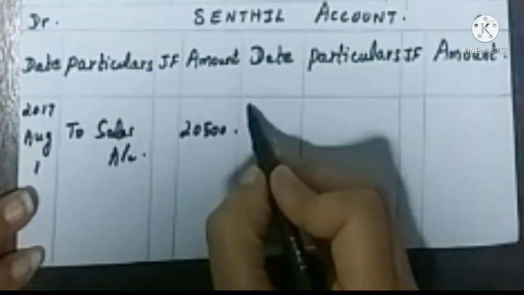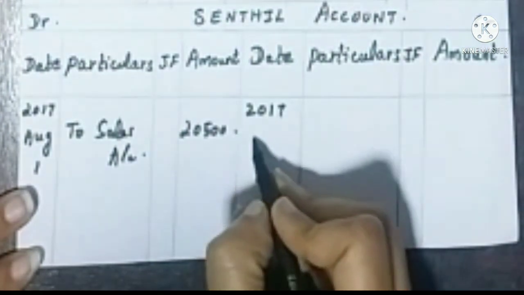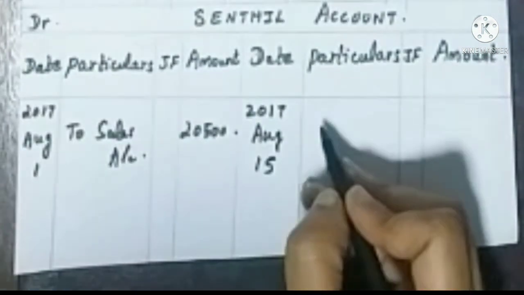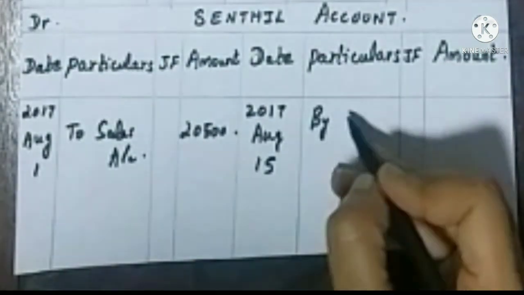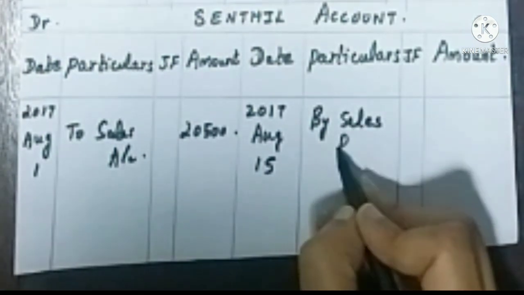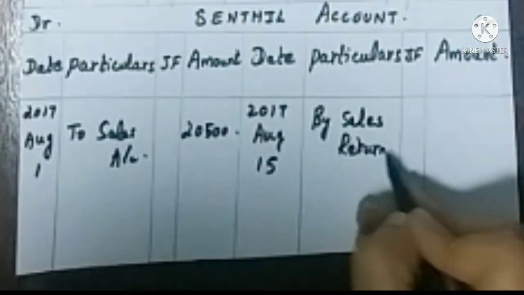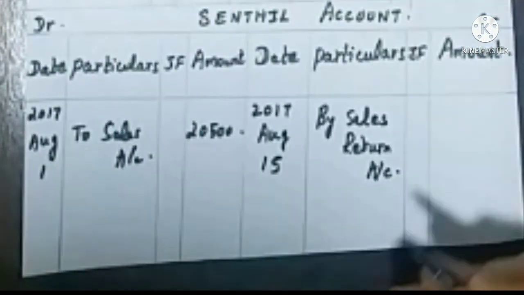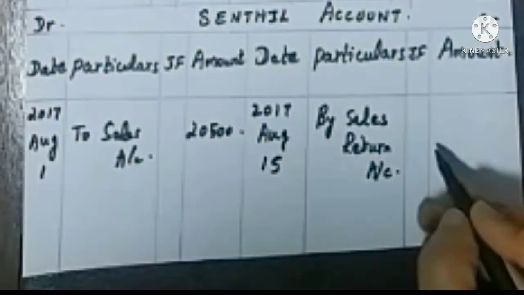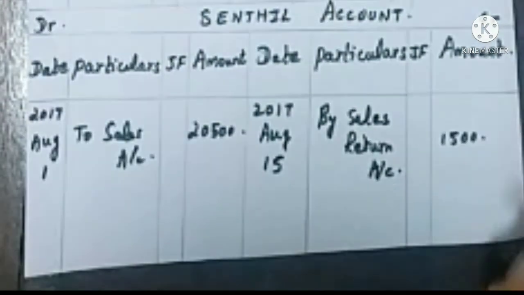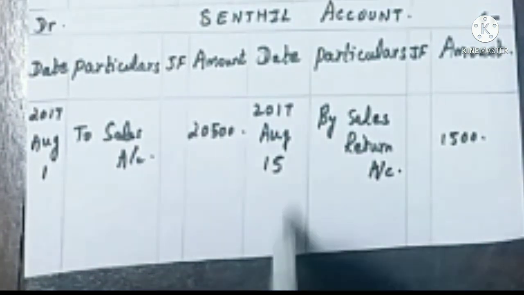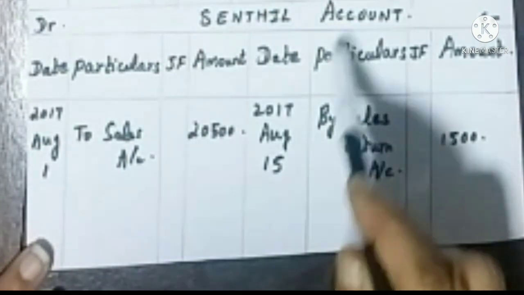Year is 2017, August 15, by sales return account. Amount is rupees 1,500. This is how we have to prepare Senthil's ledger account.